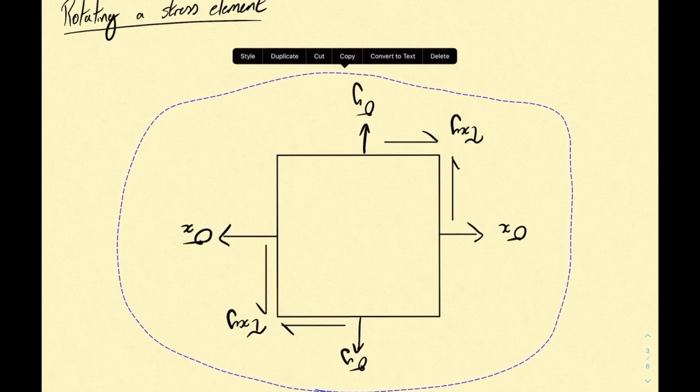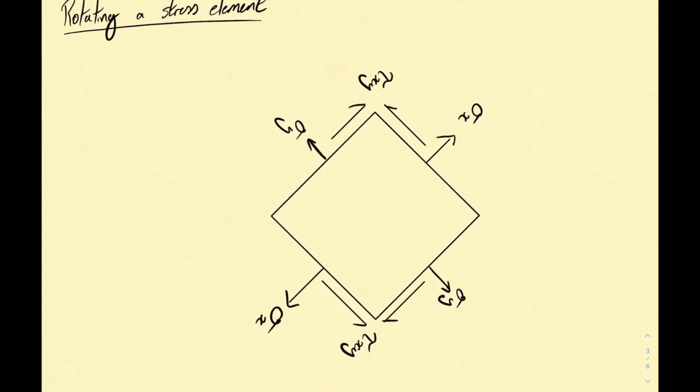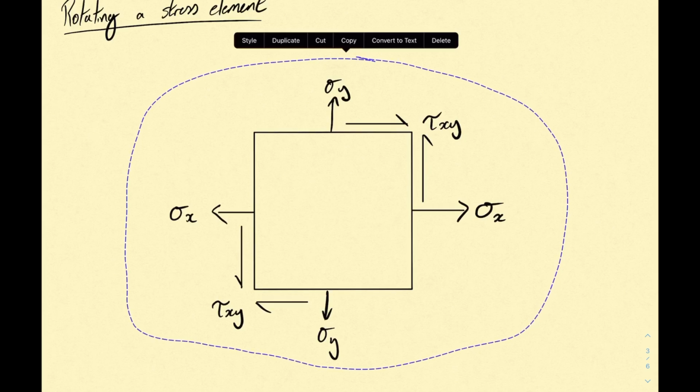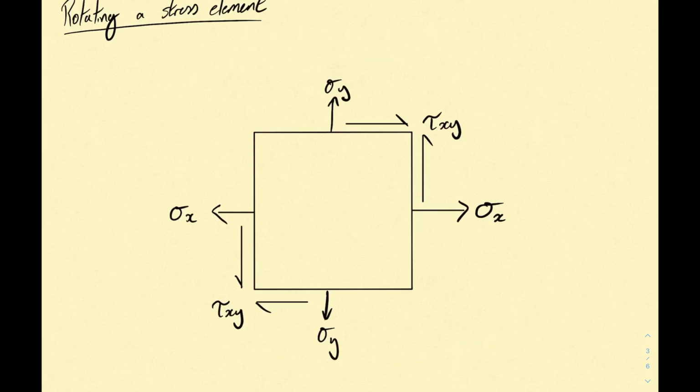So that's one thing to bear in mind, because one of the most common questions students have is, why are angles twice the amount in the Mohr's circle compared to real life? And so this is one of the reasons. A rotation in real life of 180 degrees returns back to the original stress configuration that you had sketched. Cool, so that's rotating the stress element.